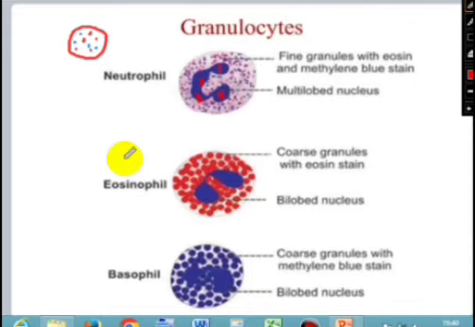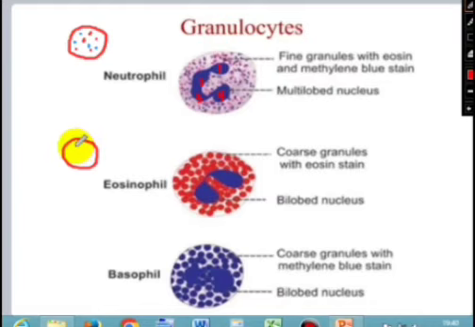But going forward, eosinophils. These eosinophils are white blood cells with coarse or large granules in their cytoplasm. And these granules stain with red dye.